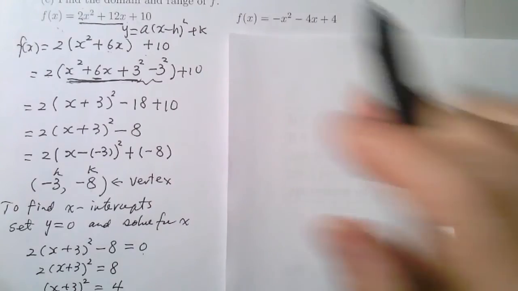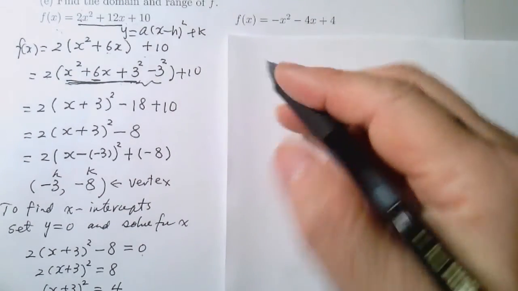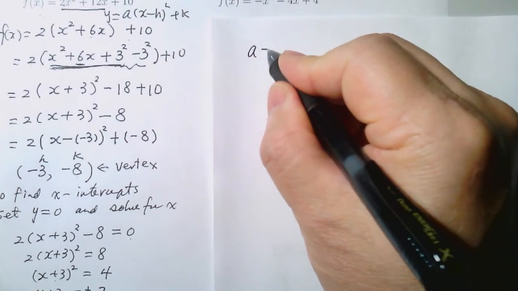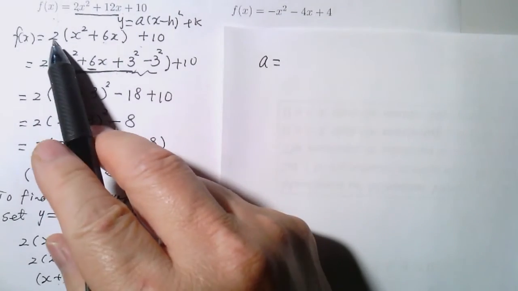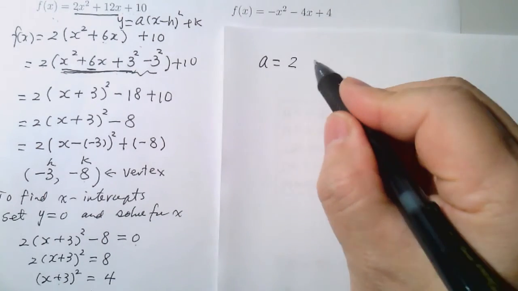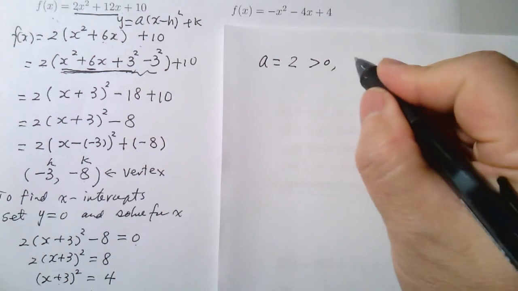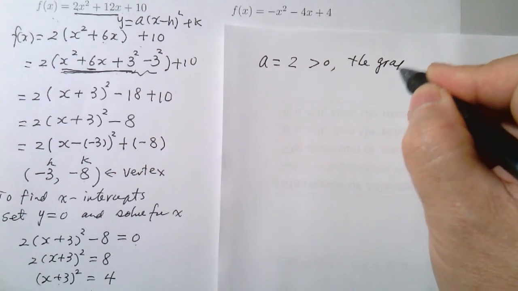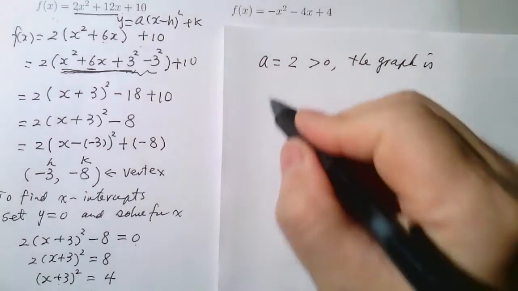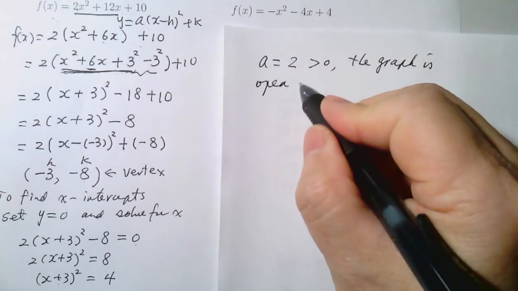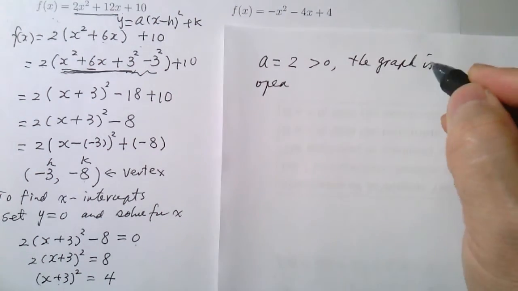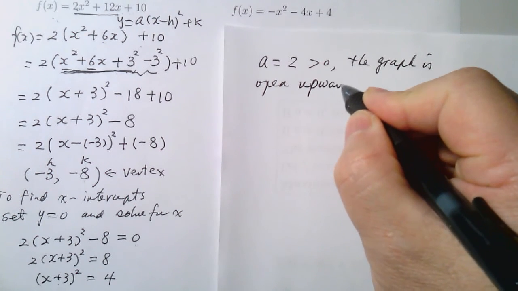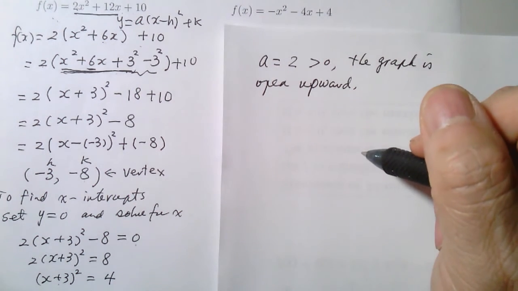You can see here, because a, which is 2, is greater than 0, the graph opens upward.